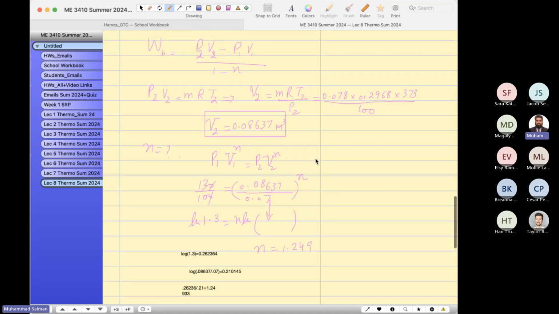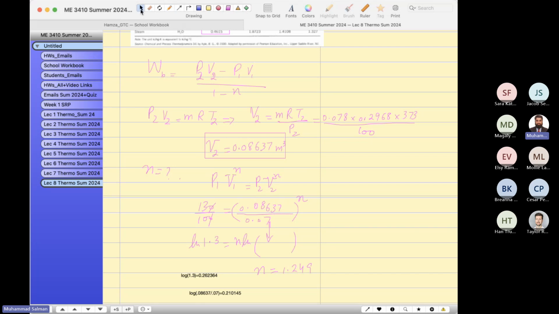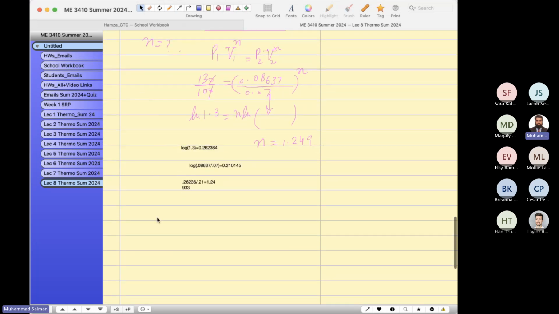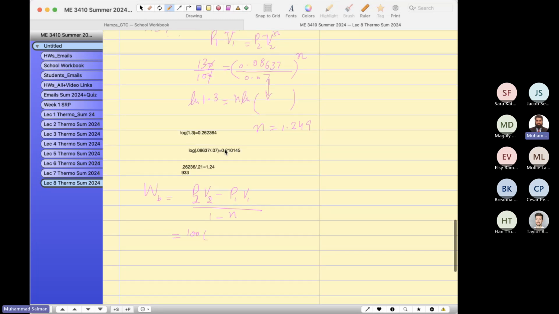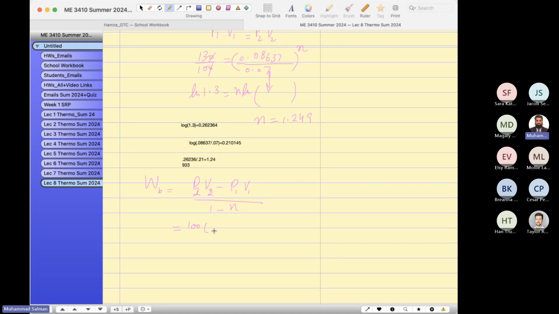And once we know N, we can use this formula just to plug in the values. And then that will give us the answer. What is P2? It is 100 kilopascals. What is V2? It is 0.08.